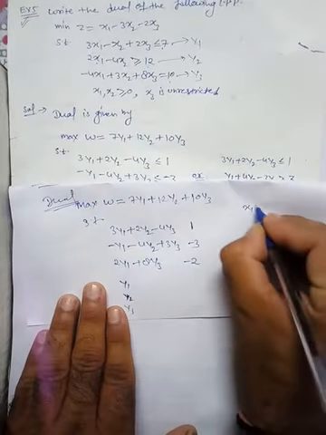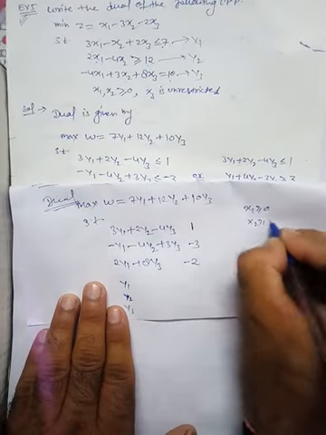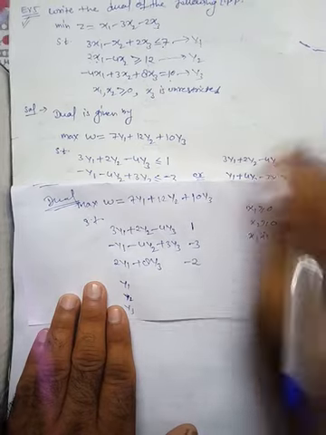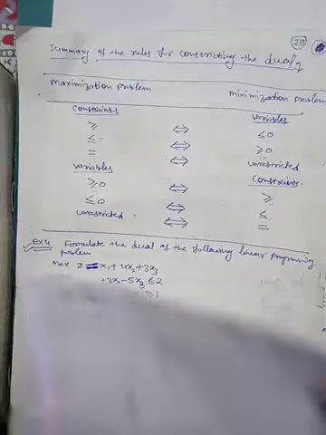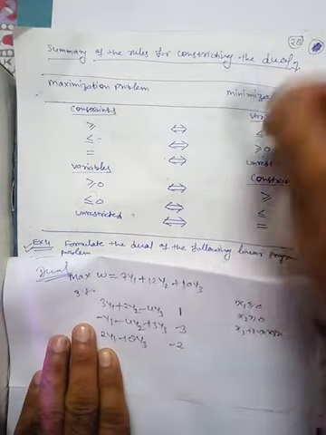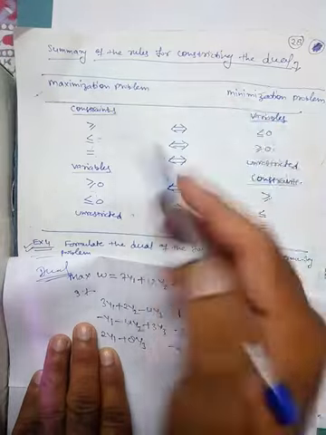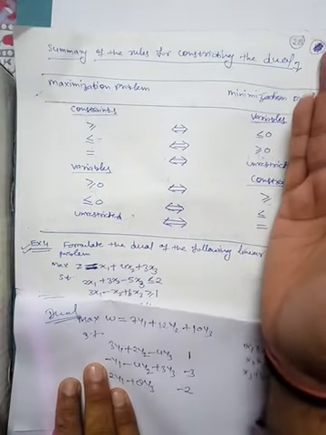Here we have x1 greater than equal to 0, x2 greater than equal to 0, and x3 unrestricted. Now see the table. Here the actual problem is minimization, so this is now your primal and the dual is the maximum. So we have to see the table from right to left.